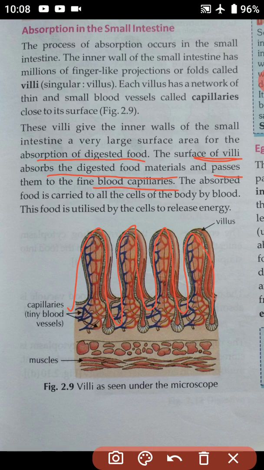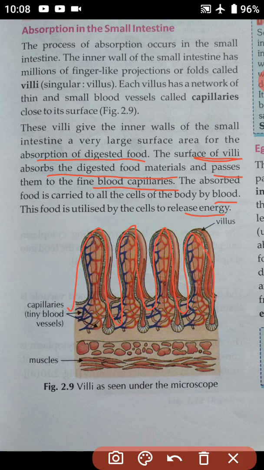The absorbed food is carried to all the cells of the body by the blood. Finally, the absorbed food will be carried to all the cells of the body with the help of blood. This food is utilized by the cells to release energy. Why is this food utilized by the cell?